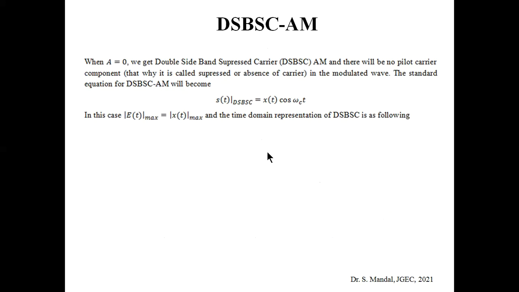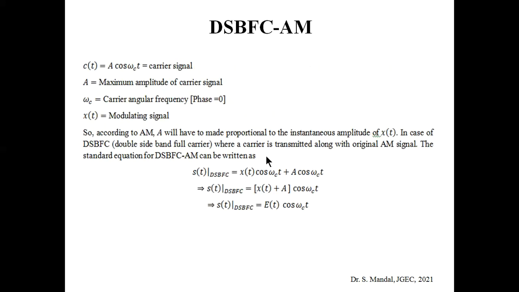Now coming to the second part, that is DSBSC. The full form of DSBSC is double sideband suppressed carrier. As the name suggests, suppressed carrier means there will be no carrier in the corresponding amplitude modulated wave. When A is 0, the equation becomes xt cos omega_c t.